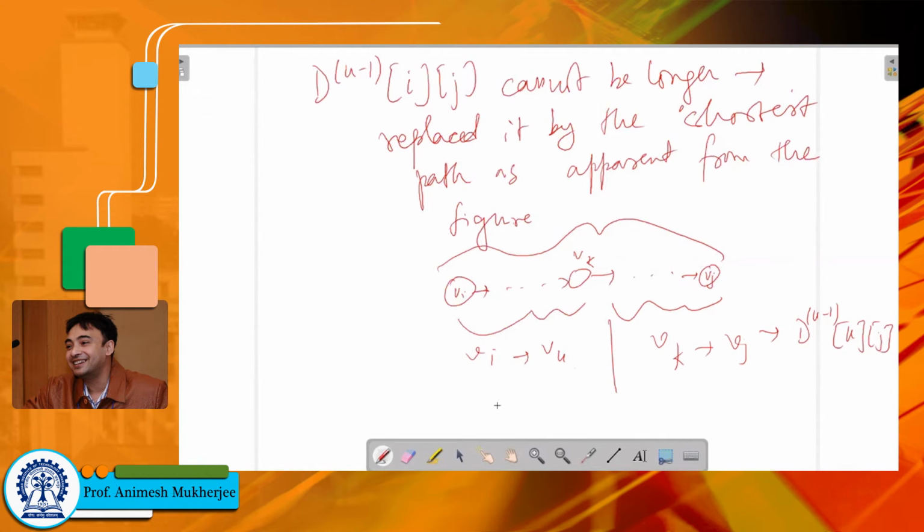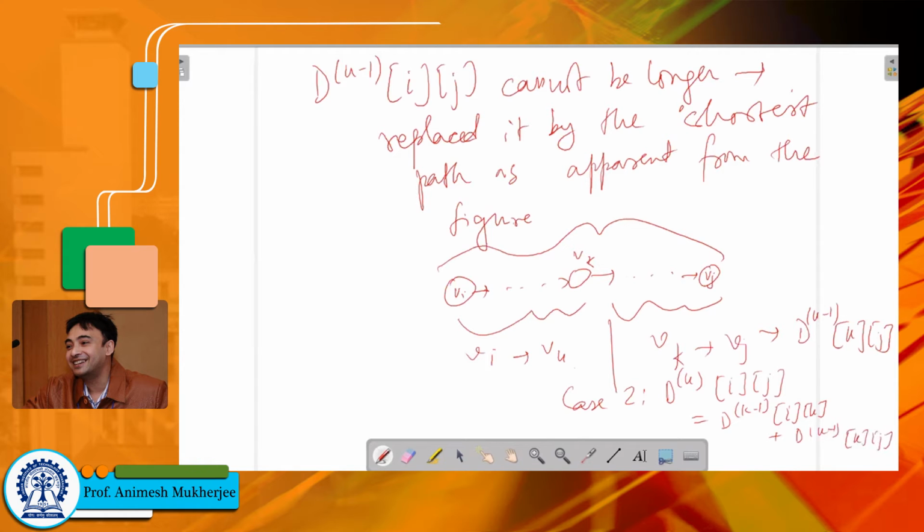So therefore, in case 2, the shortest path length d^k_ij is equal to d^(k-1)_ik plus d^(k-1)_kj.